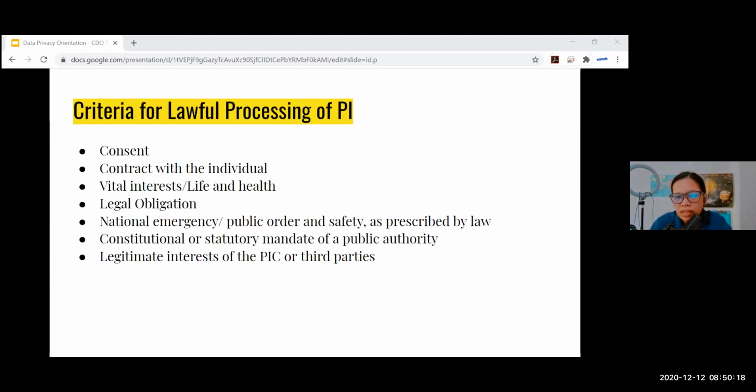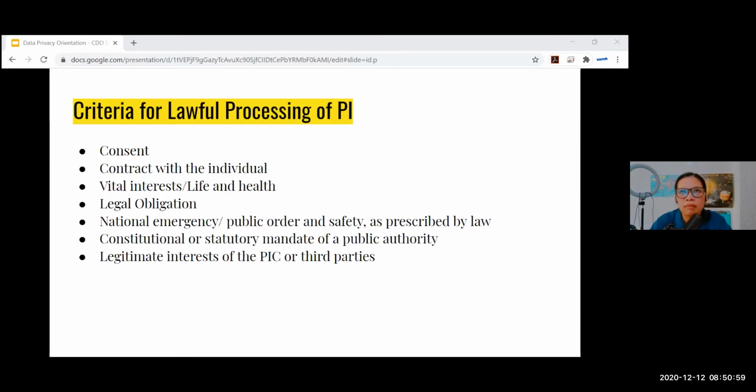Next, the processing is necessary for compliance with a legal obligation. There are organizations that are mandated to process information. If the data subject says, I have privacy rights, I can object to that. Sometimes that's the problem. Some data subjects do not understand that if the organization is mandated by law to process the information without their consent, the organization can definitely process the information.